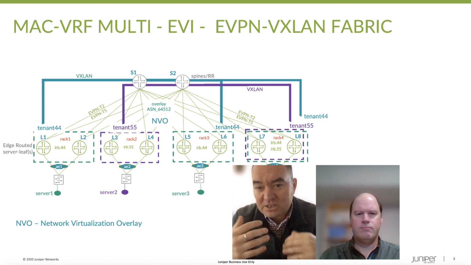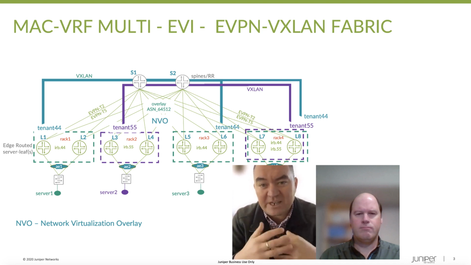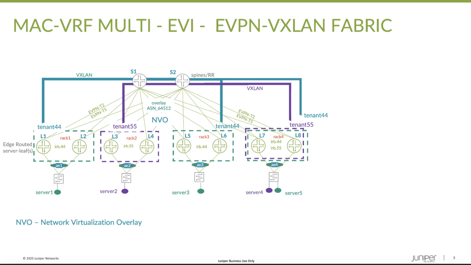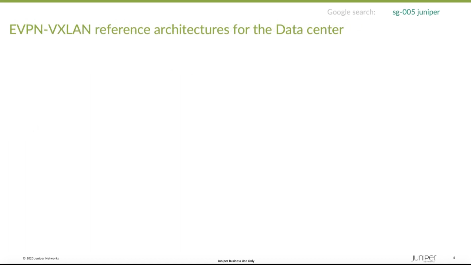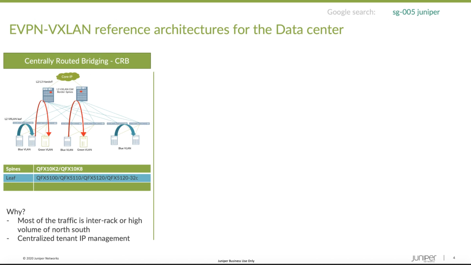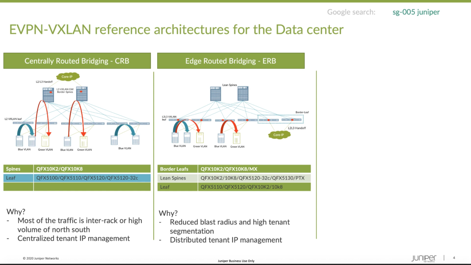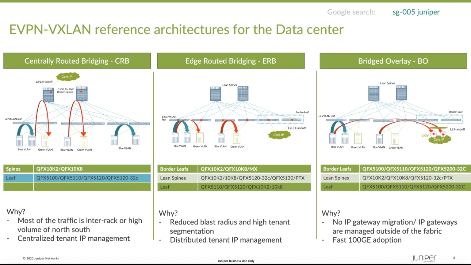And we can actually implement the MAC-VRF multi-EVI capabilities on the existing fabrics which are enabled with the default switch EVI using Juniper implementations, right? So mainly we can use three reference architectures, CRB, ERB, or bridge overlay. They're all documented at juniper.net. But we keep a consistent approach from the prescriptive architecture implementation for MAC-VRF as well, right?